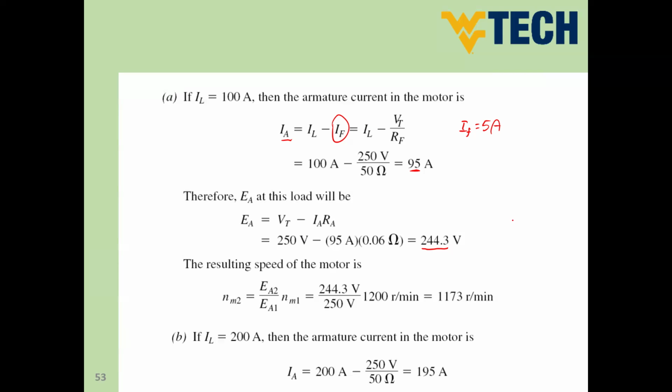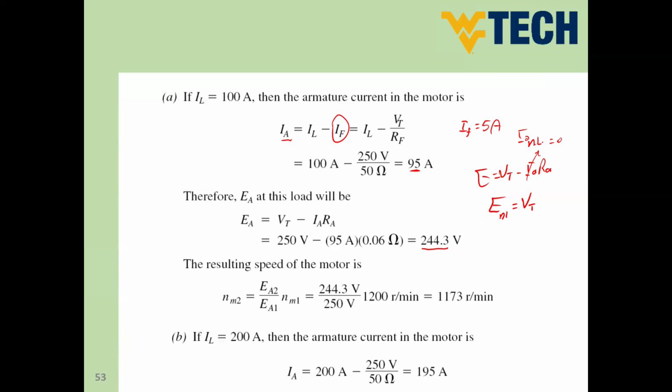If the armature current is 0, so we can say that E at no load equals V terminal. Because you know that E equals V terminal minus IA times RA. So if you assume that IA at no load equals 0, so this means E no load equals V terminal.